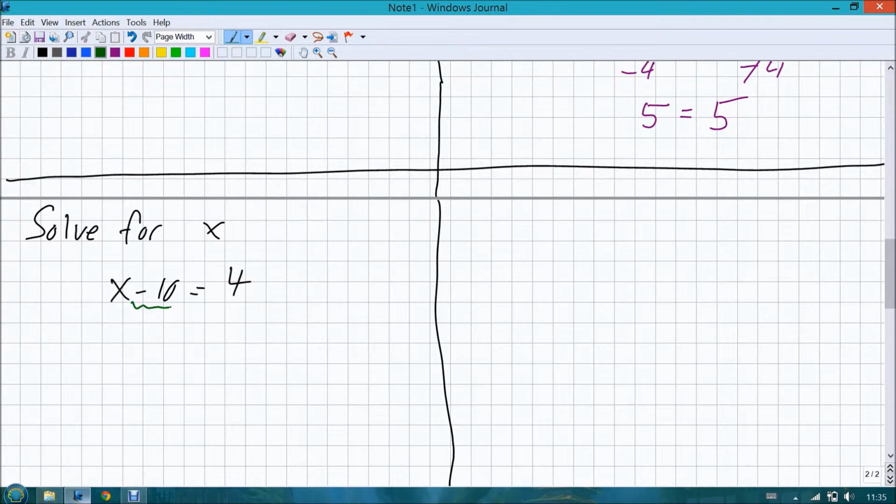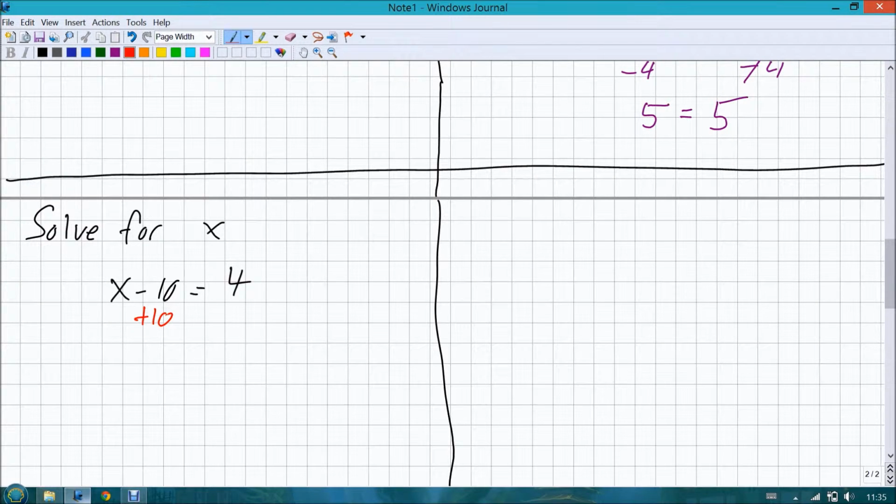What about adding and subtracting to it? We've got that negative 10 being a little bit of a hang-around person with our x, and we don't like that. So what do we do? We have to get rid of that 10. So how do we get rid of that 10? Well, I would like to just add 10, because negative 10 plus 10 goes to 0.